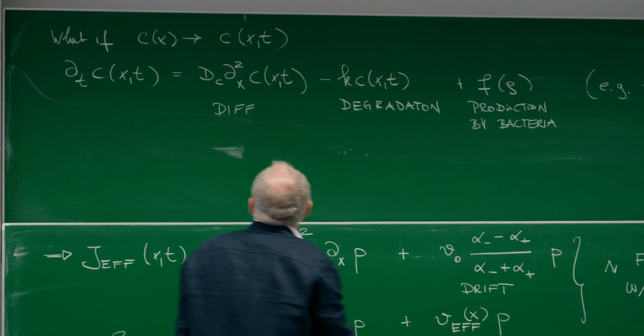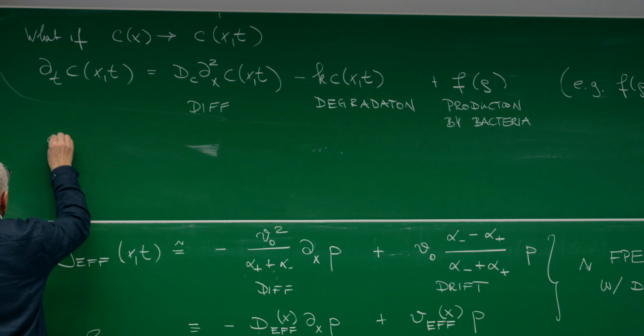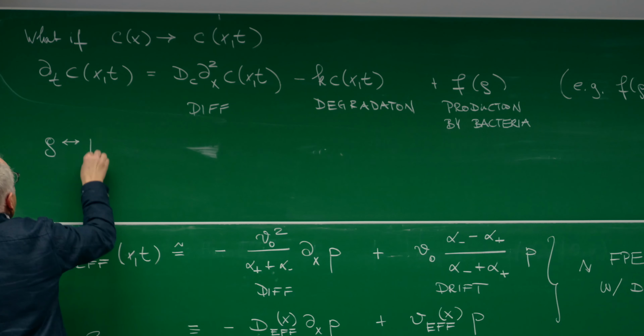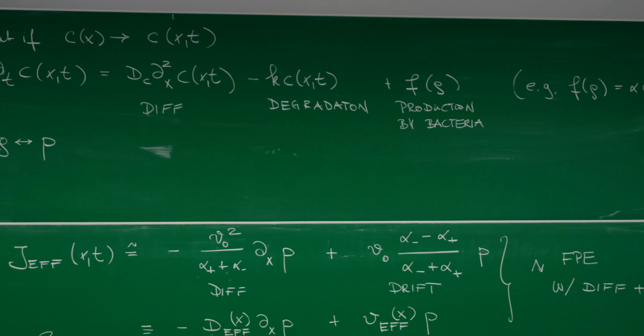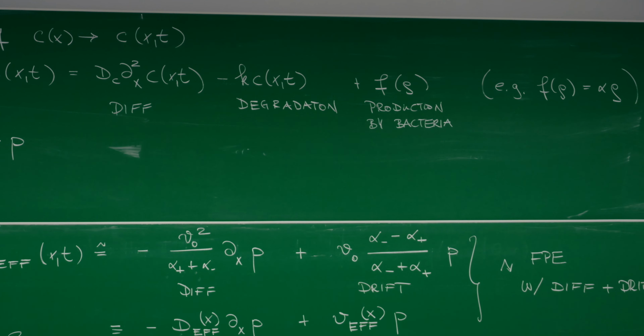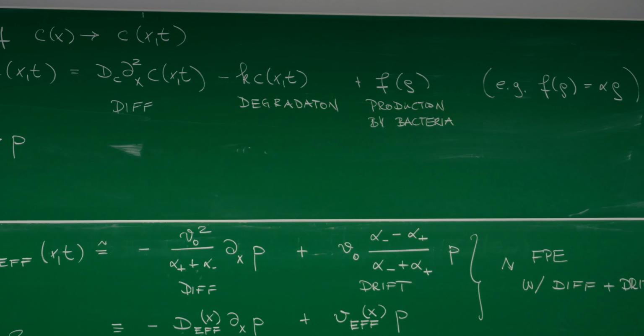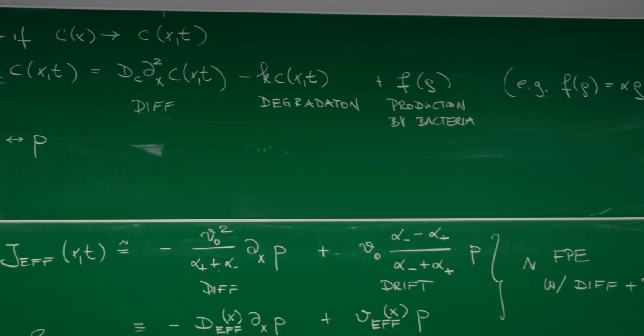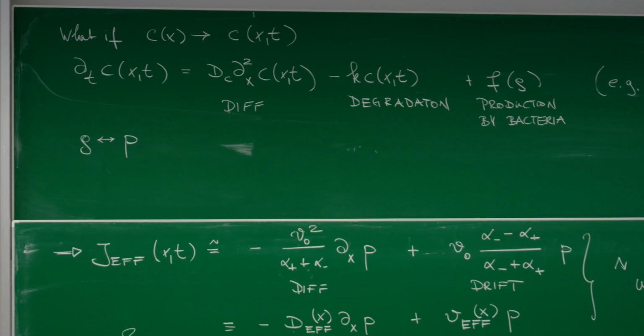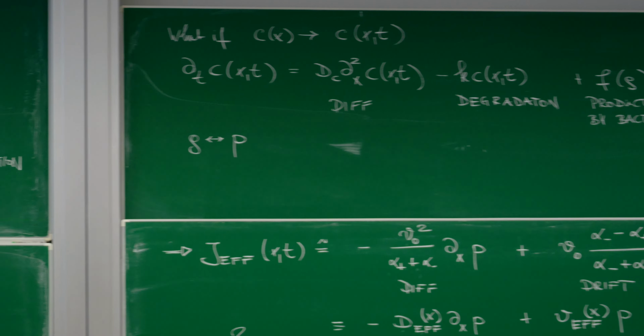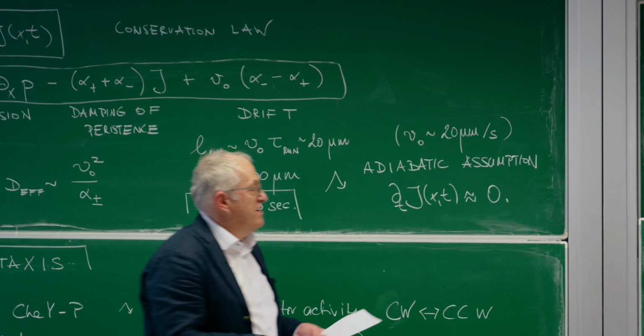where I also changed notation now. So instead of p, I'm writing rho, because in the end, if you coarse-grain, the probability density is analogous to an actual particle density. You had a question? Yeah, okay.